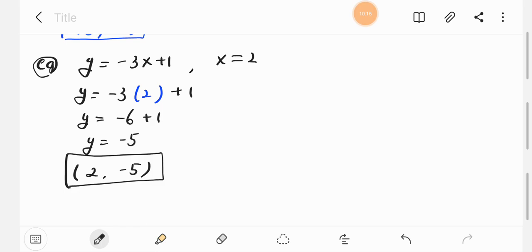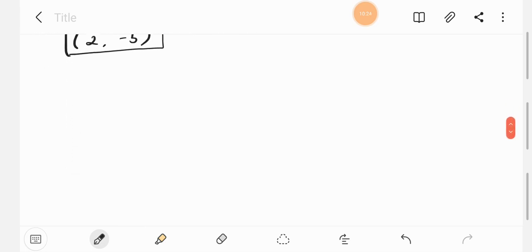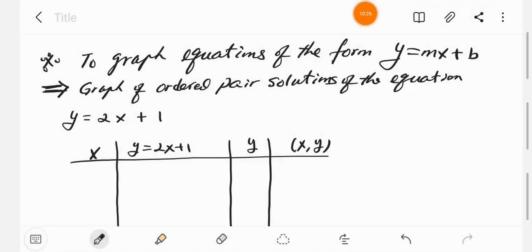Let's graph this linear equation. Graph a linear equation of the form y equals mx plus b. Then this will be the graph of the ordered pair solutions of the equation. For example, here's an equation: y equals 2x plus 1.